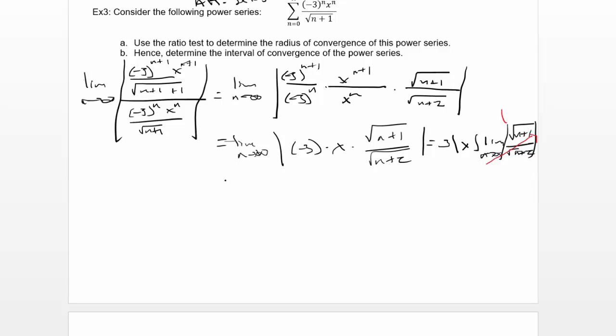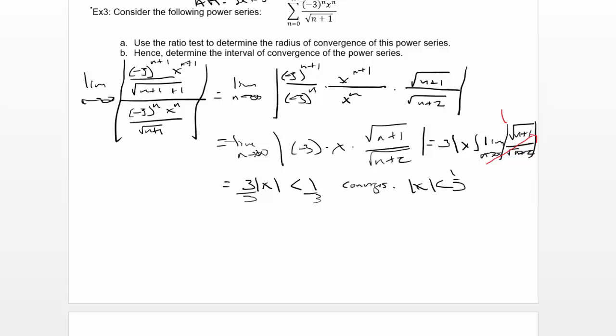So this ratio test leaves me with 3 times the absolute value of x. And the ratio test tells me this converges when this is less than 1. I can get the absolute value of x by itself, divide by 3, and I find that the absolute value of x is less than 1/3.